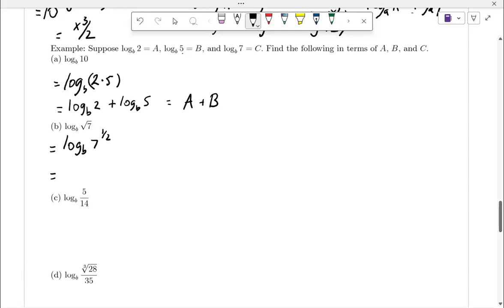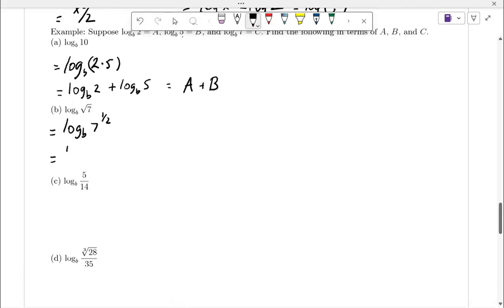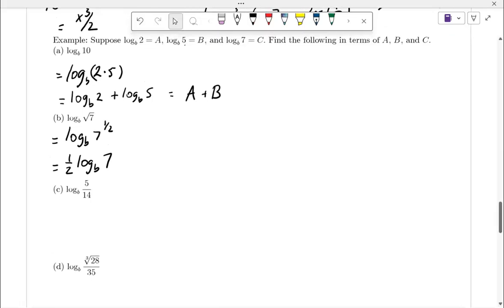You've got an exponent inside. You bring it to the front. Good. And do you have a letter that gives you log base b of 7? That's C. So this will be 1/2 C. Your answers here should not have a log in them at all, by the way.